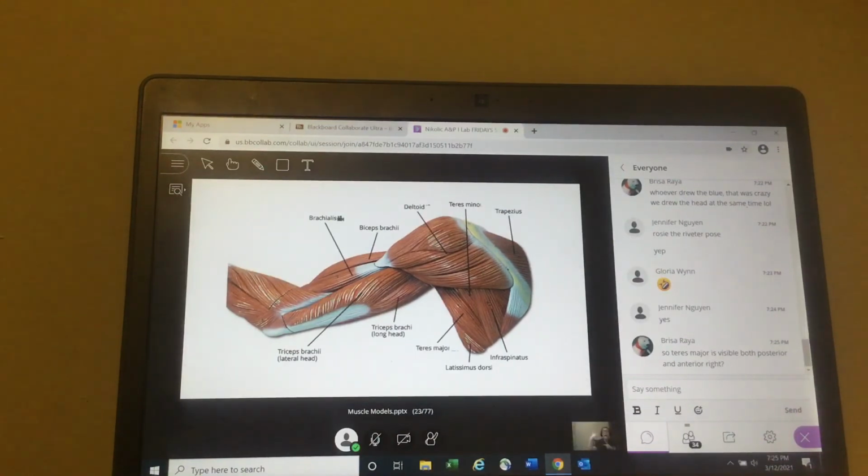And then when you go to the back, then you've got that infraspinatus. Remember, spine, infra, underneath. Infraspinatus in the back, and you've got the teres major here. In between them is the teres minor. That's how I remember it. The teres minor is in the back between that infraspinatus and the teres major. That makes sense? It'll make sense in a second.